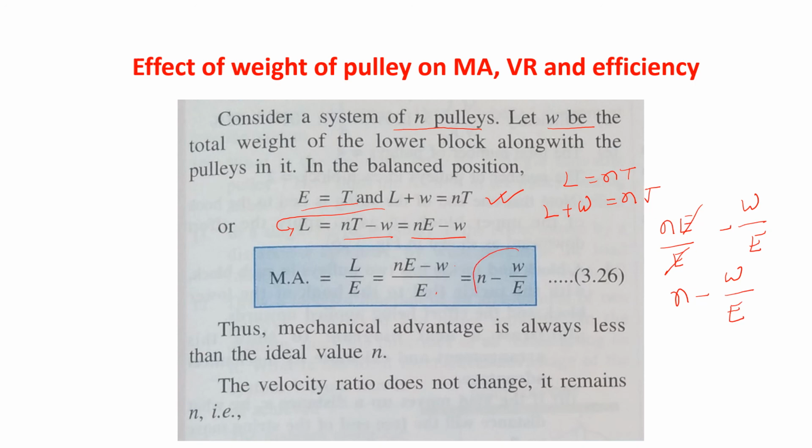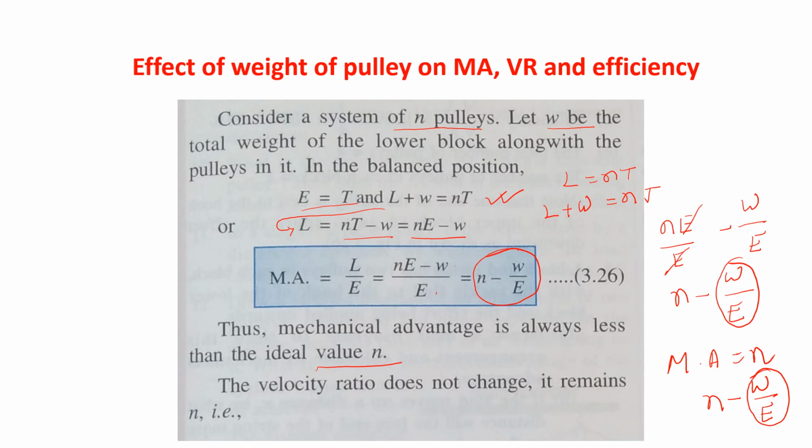Now see here, N minus W by E. Previously we were getting mechanical advantage equal to N. Now a term W by E is subtracted from N. That means the mechanical advantage is always less than the ideal value N. The velocity ratio does not change, because it is the distance moved by the effort and the load.